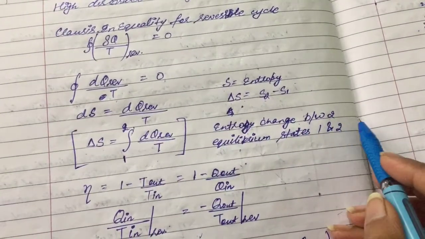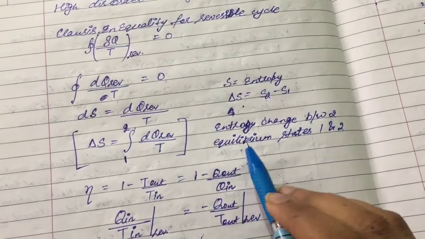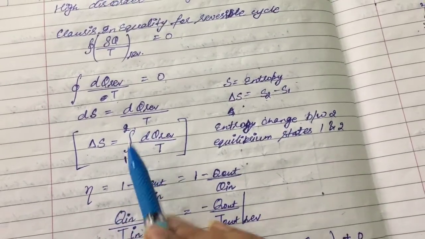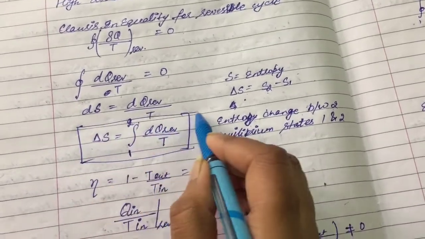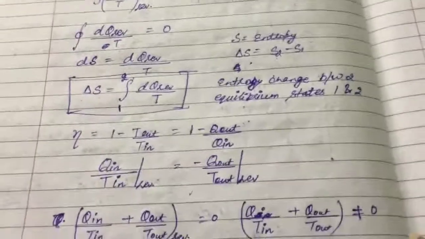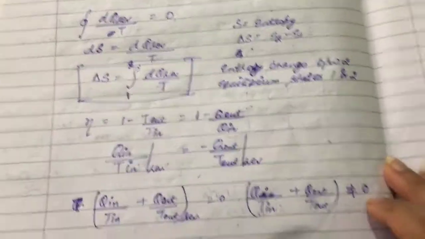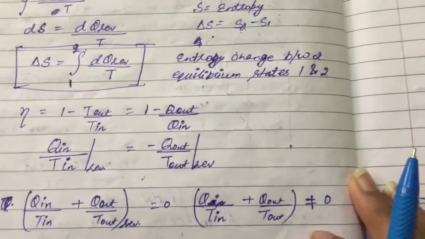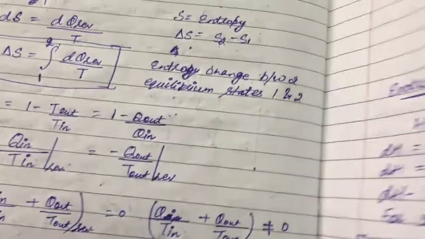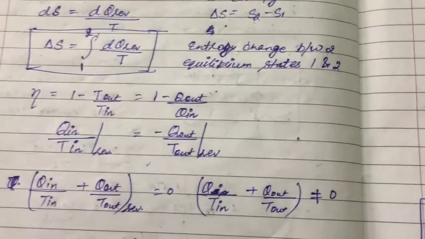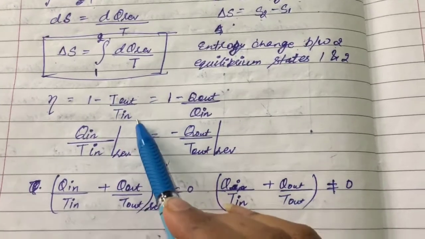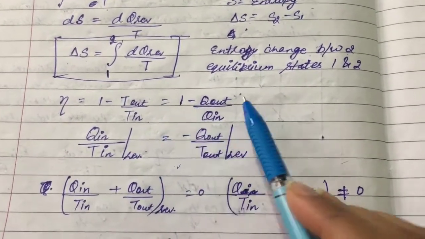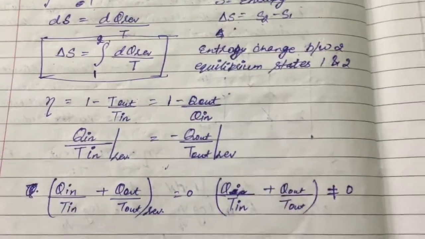Entropy change between two equilibrium states 1 and 2. This is the formula. So to calculate the efficiency, which we have already studied for our Carnot engine, efficiency is 1 minus temperature out by temperature in, equal to 1 minus heat out by heat in.